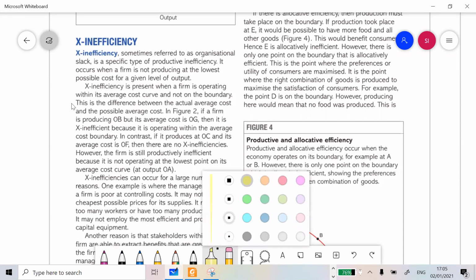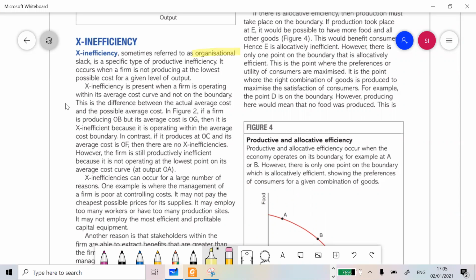Now let's see, what does X inefficiency mean? It is sometimes also referred to as organizational slack, a specific type of productive inefficiency. So when does it occur? It occurs when a firm is not producing at the lowest possible cost for a given output.